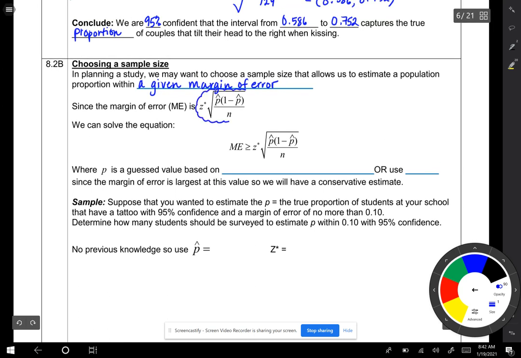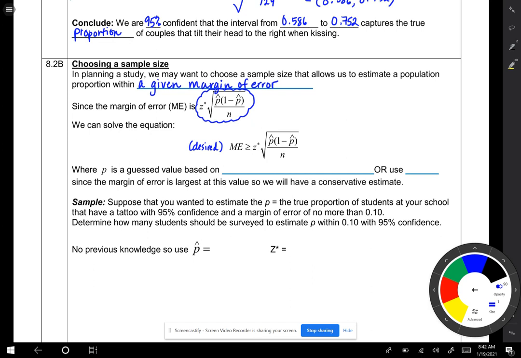We take all that information. In order to find the desired sample size, we want this desired margin of error to be greater than or equal to the margin of error you would get from our calculation portion.